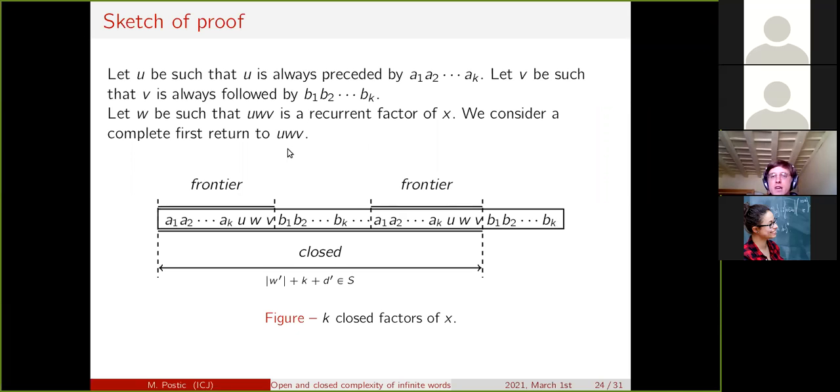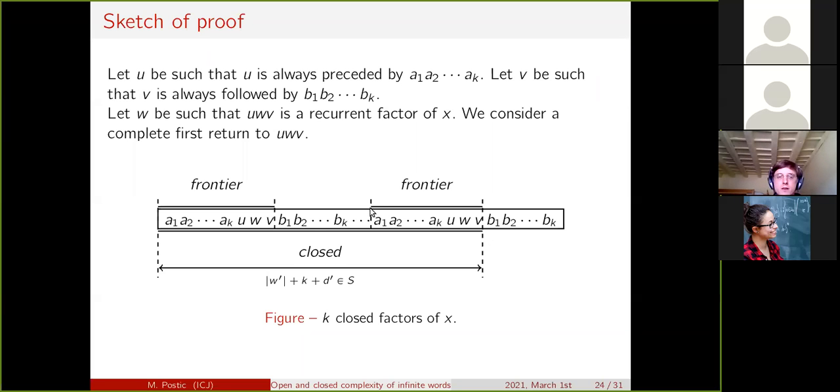And that's also the case internally. After this v here, you will always find b1, b2, ..., bk. And since before the u here, you always have a1, a2, ..., ak, you can be sure that here you have a1, a2, ..., ak.